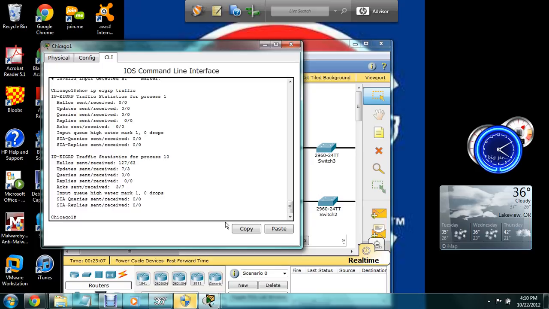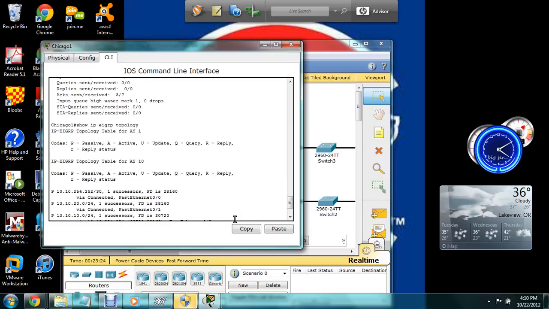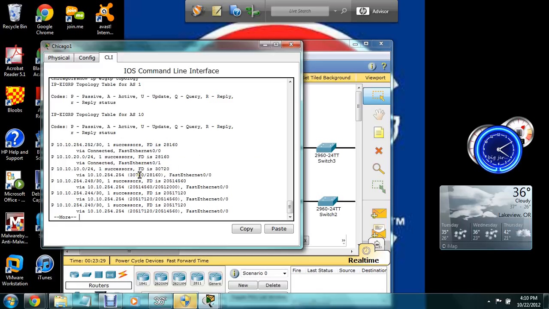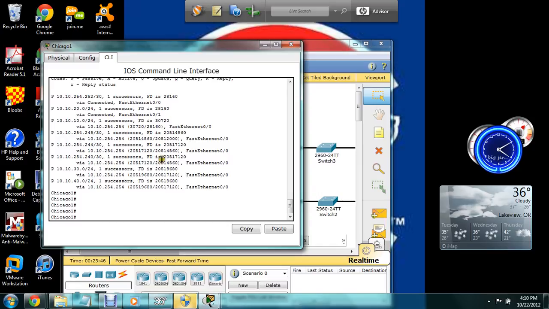Okay. And then we're going to show our topology. And we have all of our successors set. All of our routes are passive, which is good because if they're active, that means they're trying to search. So we have all of our routes set up.